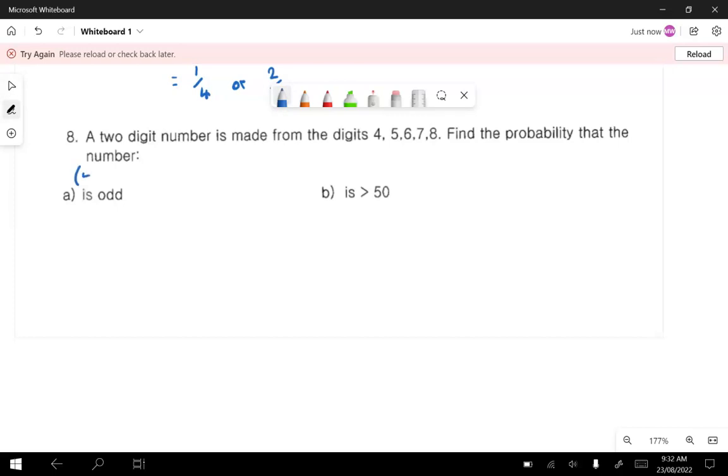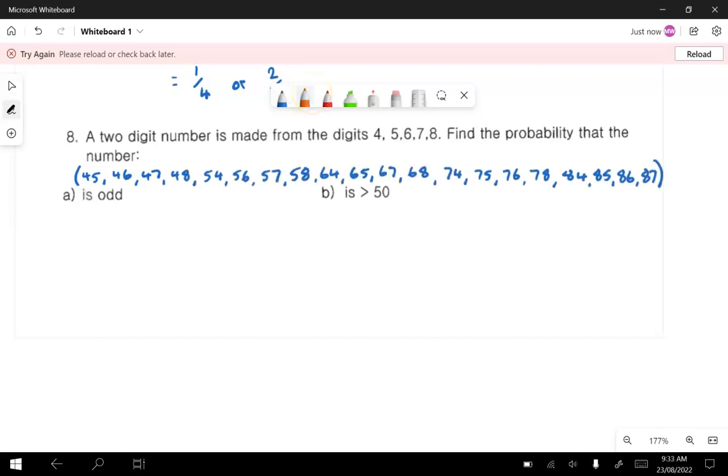We could make 45, 46, 47, 48, and then we jump to the 50s. I'll keep going. So here they all are listed. You might want to pause me and write these down. All I'm doing is generating all of the possible combinations of 2 numbers. So there are 20 numbers that we could have generated altogether. Now let's jump into our questions and see if we can answer them.